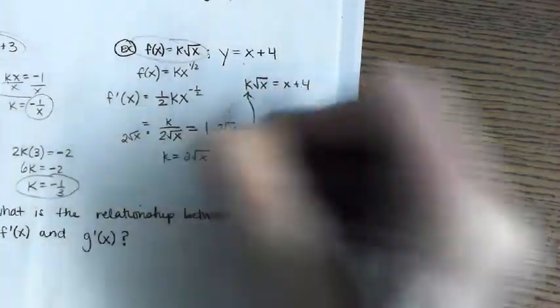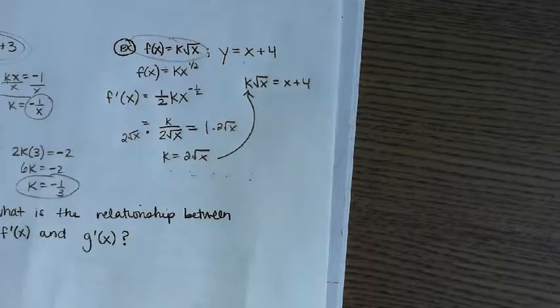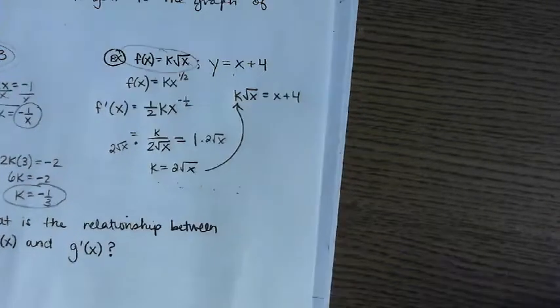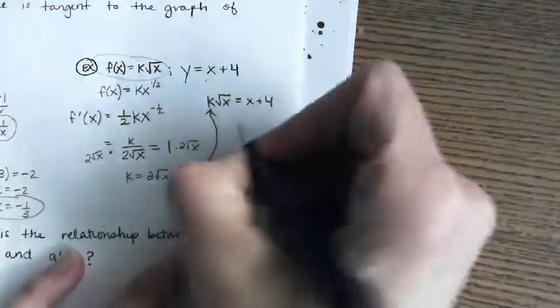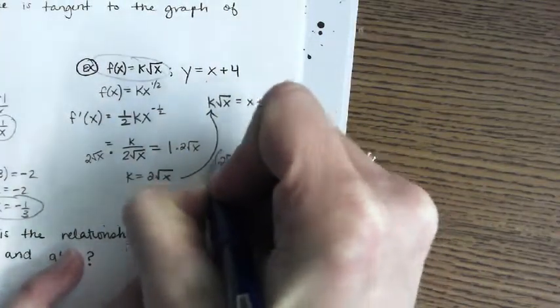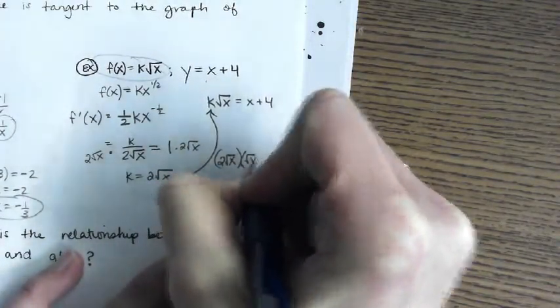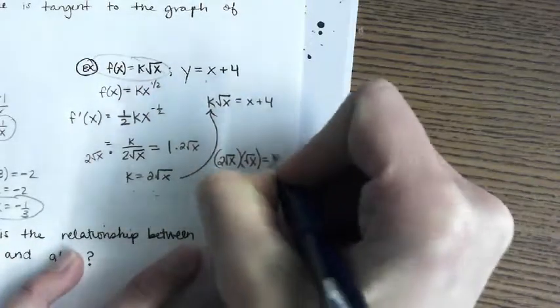Okay, go ahead on your own and plug that in. We have 2 root x times root x equals x plus 4.